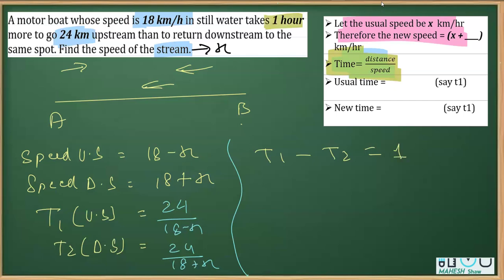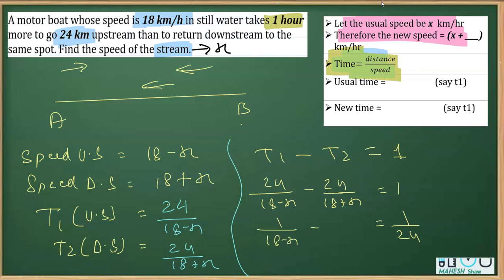This is 1. So I will plug in T1 from here, which is 24 over 18 minus x, minus 24 over 18 plus x is equal to 1. Same as the previous last three cases we are doing, we are transposing 24 to the other side. So this will give you 1 over 18 minus x minus 1 over 18 plus x is equal to 1 over 24.